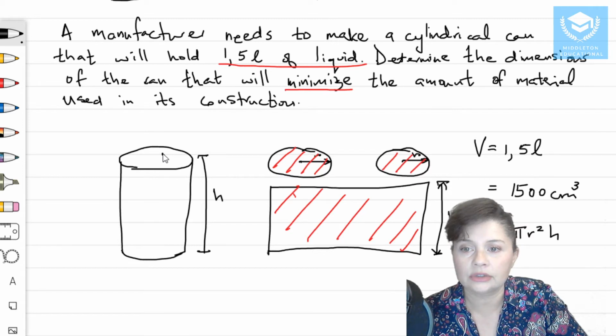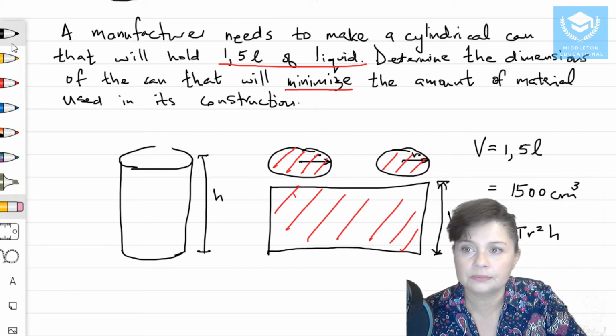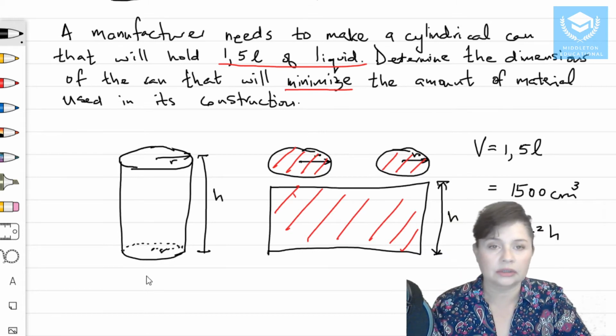Let's make that more in the center. So from there to there is r. And it would be the same for the top and the bottom, because that bottom is a circle, and that is also going to be r.